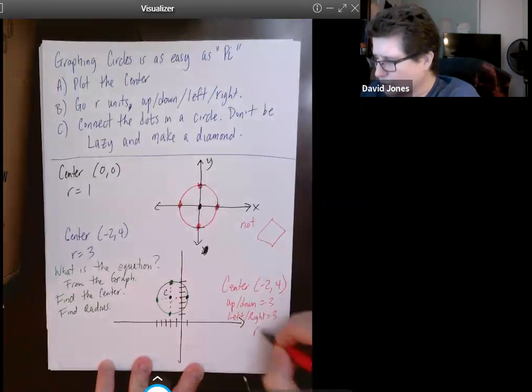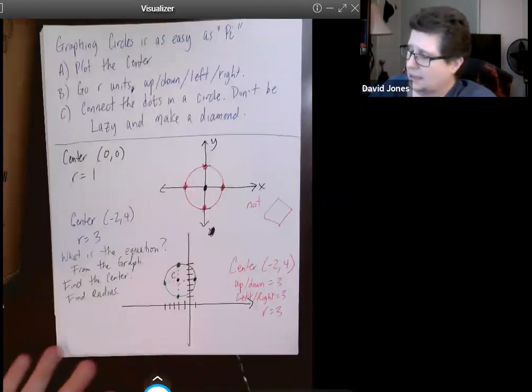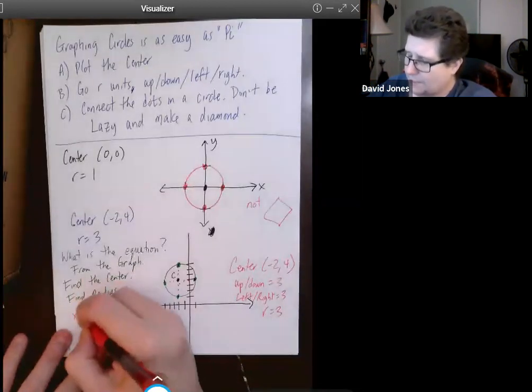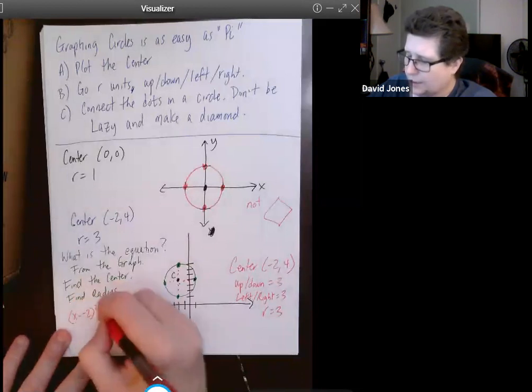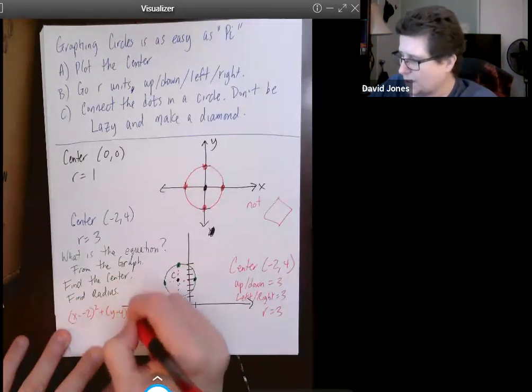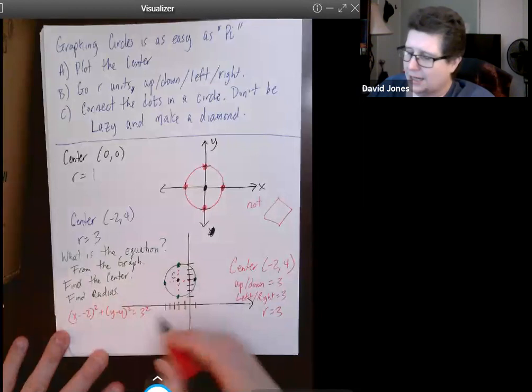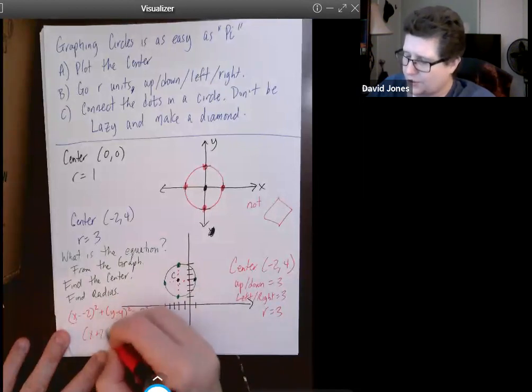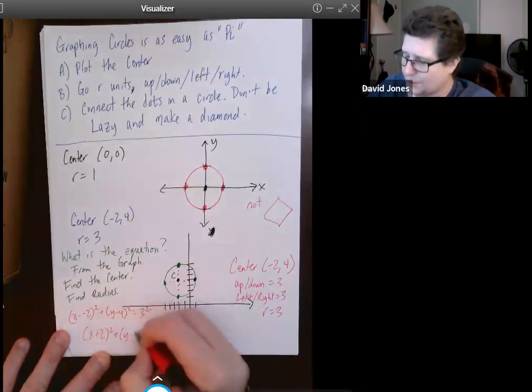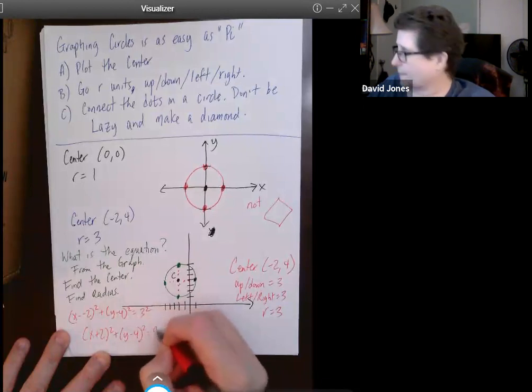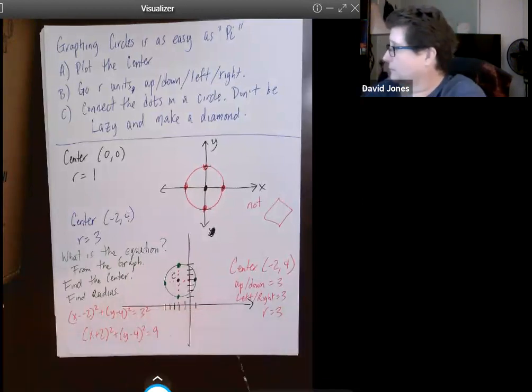So r equals 3. x minus −2 squared plus y minus 4 squared equals 3 squared. I got (x + 2)² + (y − 4)² = 9. Right?